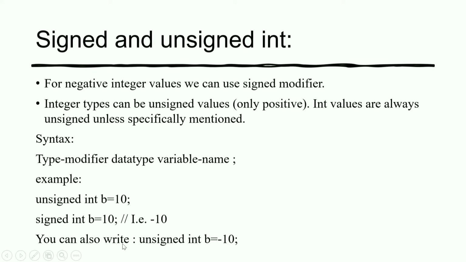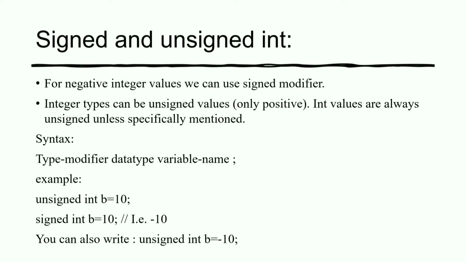We can also write the statement as unsigned int b is equal to 10, but we should not write signed int b is equal to minus 10 because signed int itself says that it is a negative value. So the compiler will throw an error if you write signed int b is equal to minus 10.